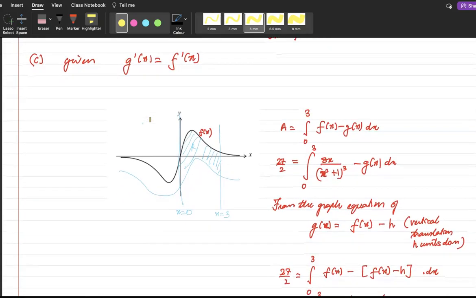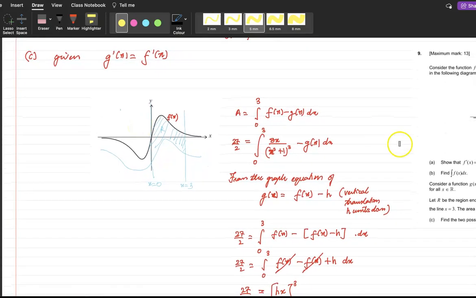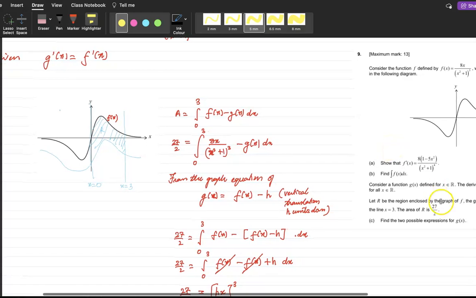So if I show it graphically over here, I've copied the question again over here for your reference. Okay, so this is your f(x). Your g(x) is parallel to this. It can be above or below. I'm taking a case where it's below. So in the case where it's below, if you understand your transformations, you know that your g(x) will be f(x) minus h.